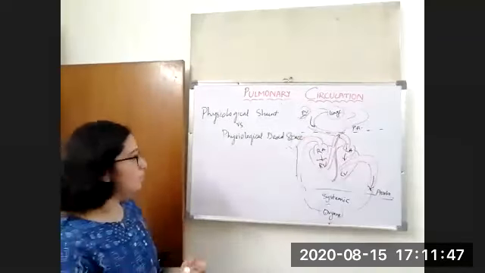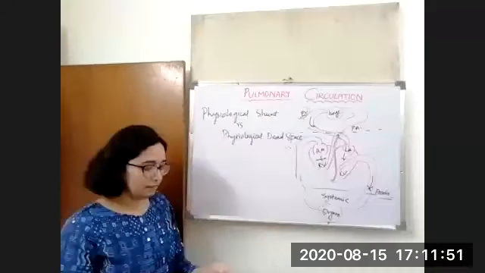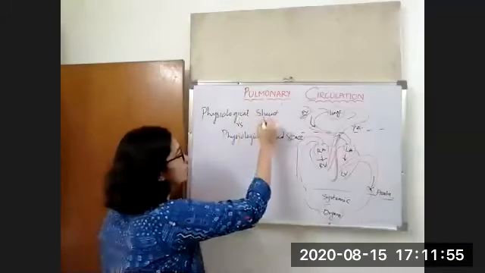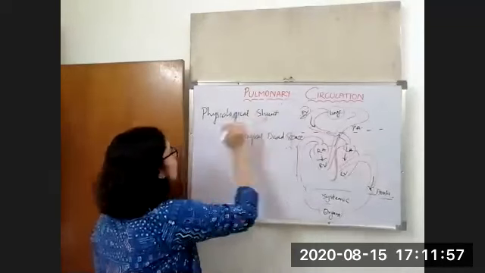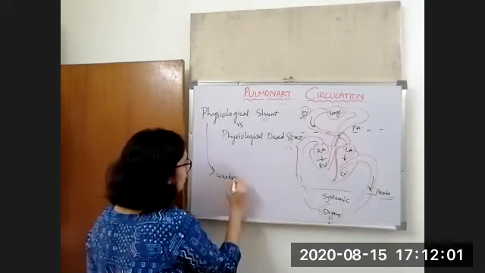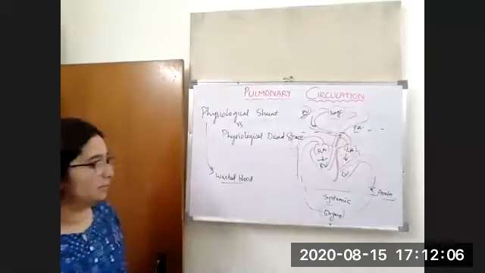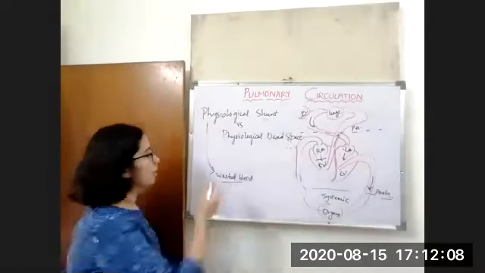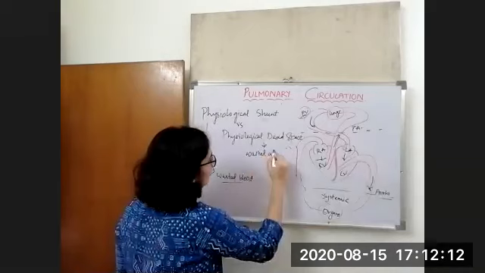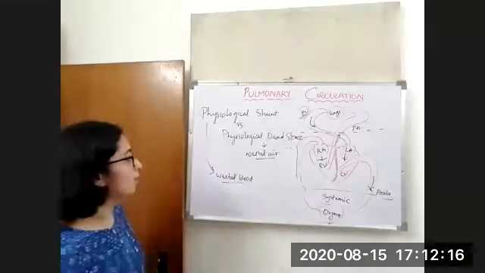Just now we saw, that is a mixing of arterial blood with the venous blood. And what we get from this shunt is wasted blood, due to venous admixture, and from physiological dead space we get wasted air. This we'll see later, what is dead space.